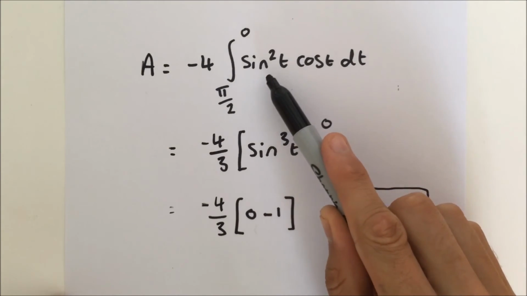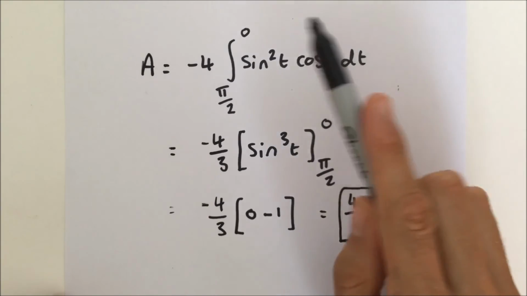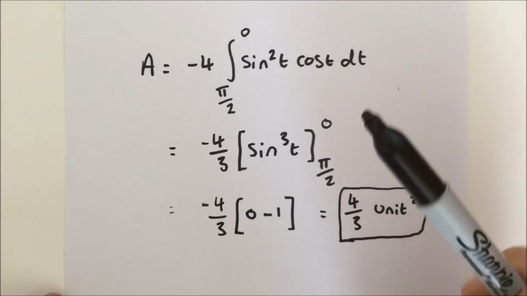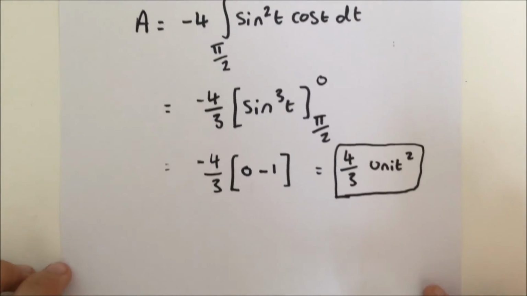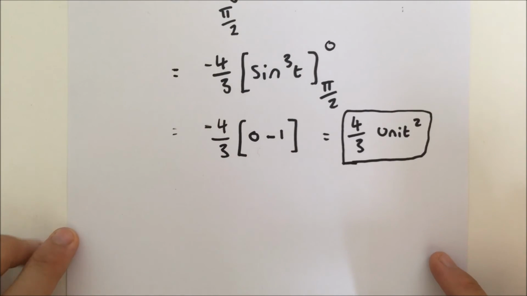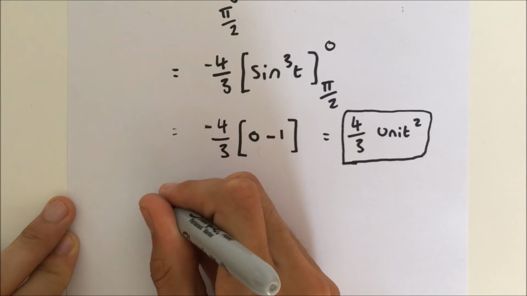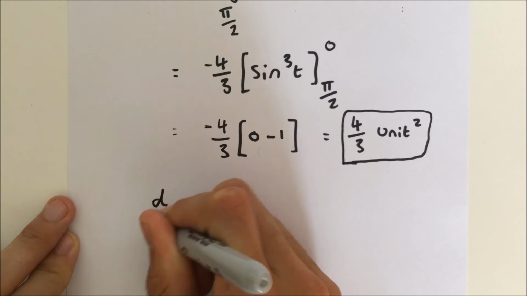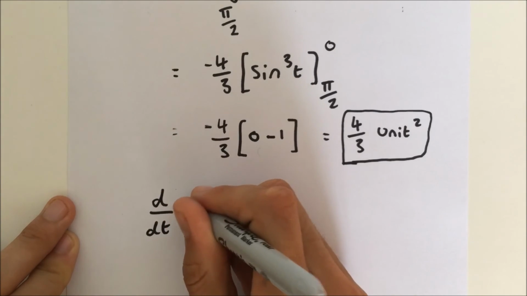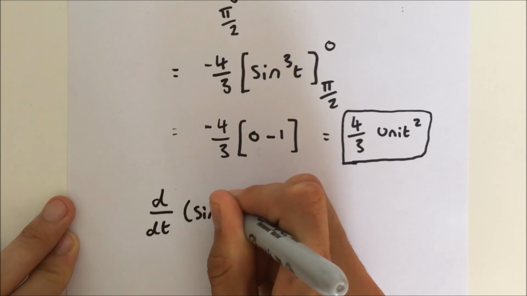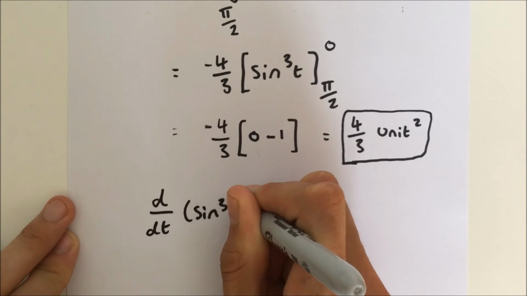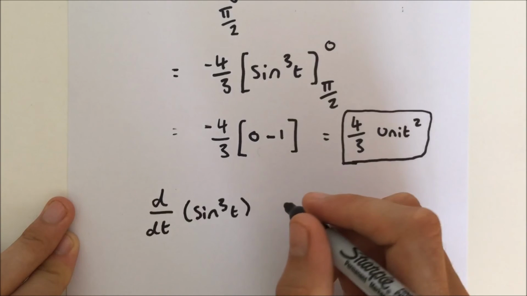How do we prove that when we integrate sine squared of t cosine of t, it gives us sine cubed of t? So let's first look at the derivative of sine cubed of t. d by dt of sine cubed of t, what's that equal to?